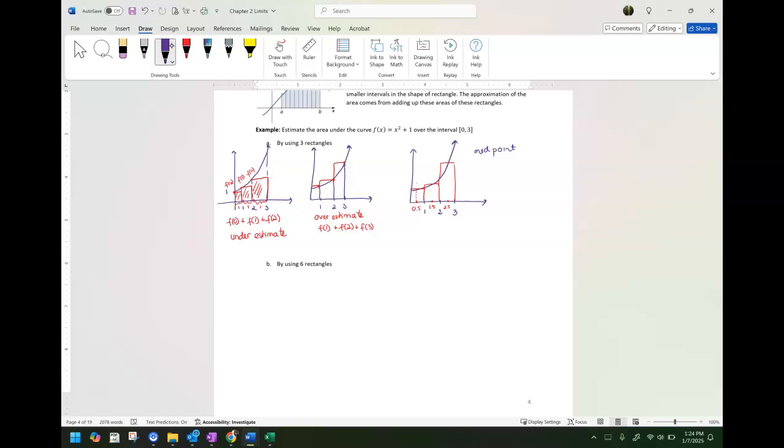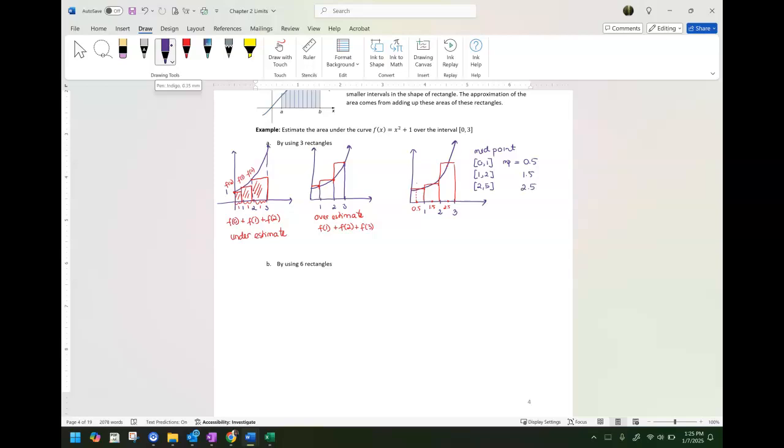Okay. We partition the interval into 3 intervals, and we find the midpoint of each interval. So partitioning into 3 intervals from 0 to 3, we get the first interval is 0 to 1, 1 to 2, and 2 to 3. The midpoints are 0.5, 1.5, and 2.5.